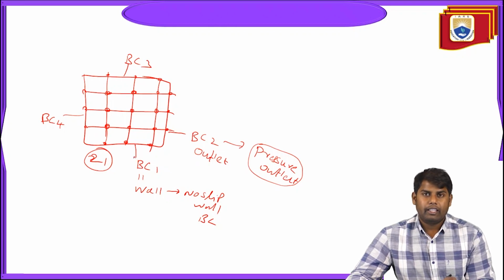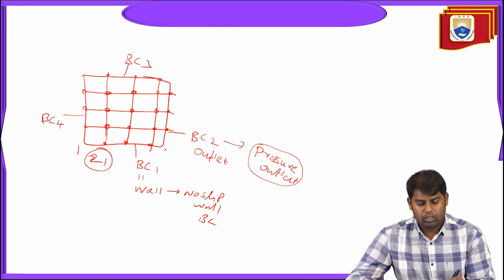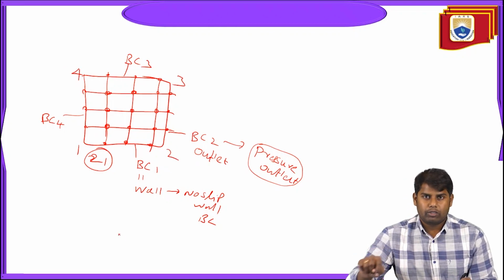And if we go back, how do we construct the domain? First we will take the key points or the coordinates which we need to construct the boundary. How many coordinates do we have? Let's take 1, 2, 3, 4. So let's do the reverse process. Let's construct the domain using first the coordinates, and then we will construct the lines. After constructing the lines, we will create the domain.